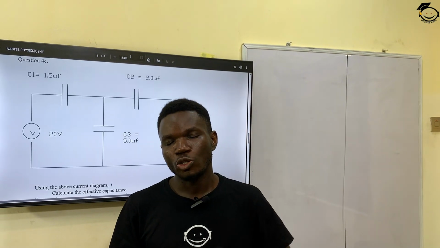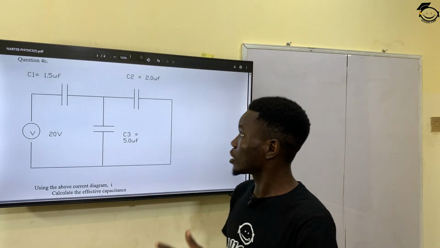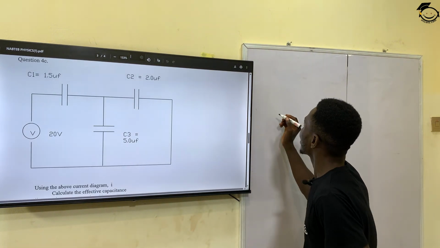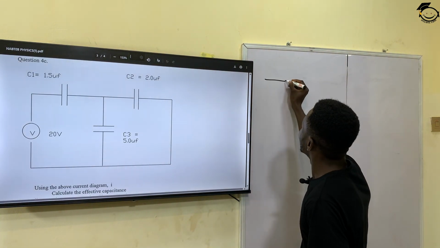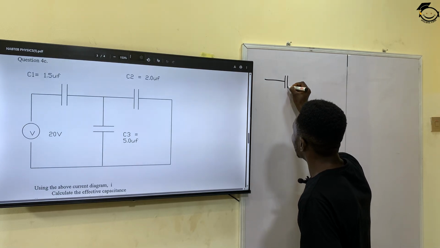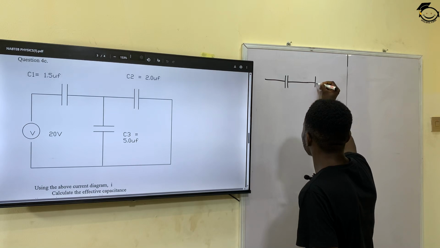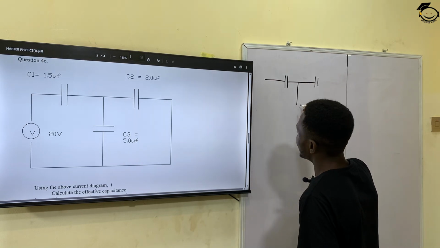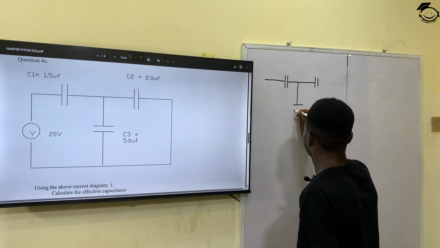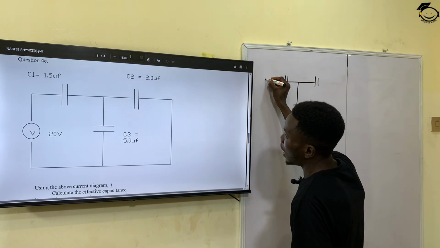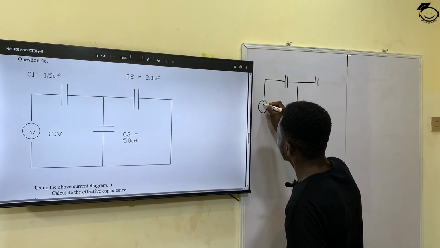So that takes us to question number 4c, which I have here as a diagram. In this diagram, I have a capacitor here, then I have another capacitor here, then I have a capacitor in between. And then I have my voltmeter connected.